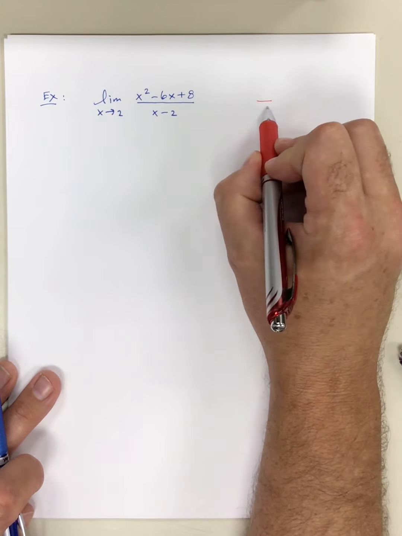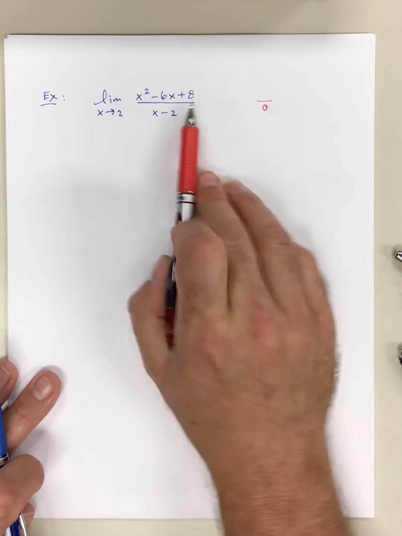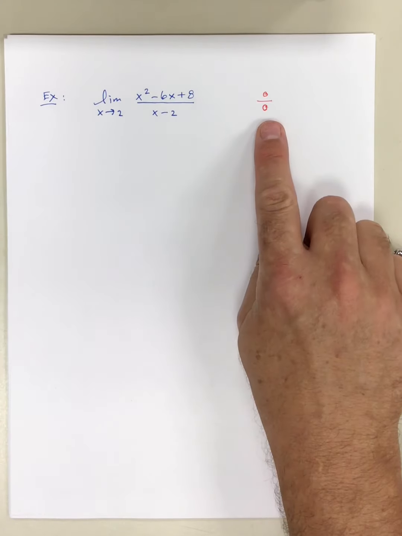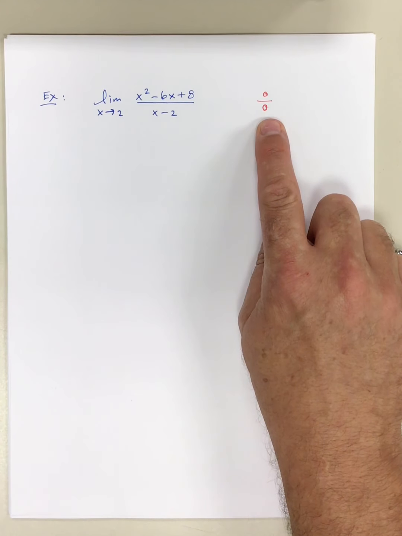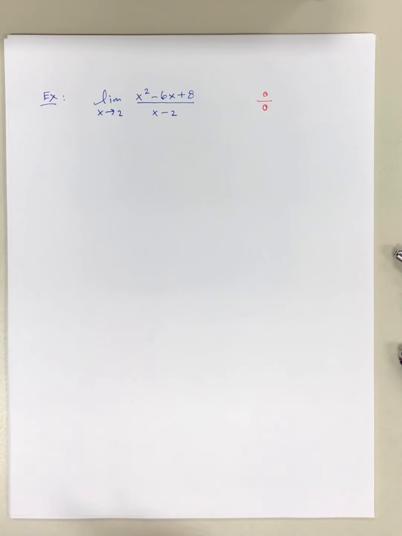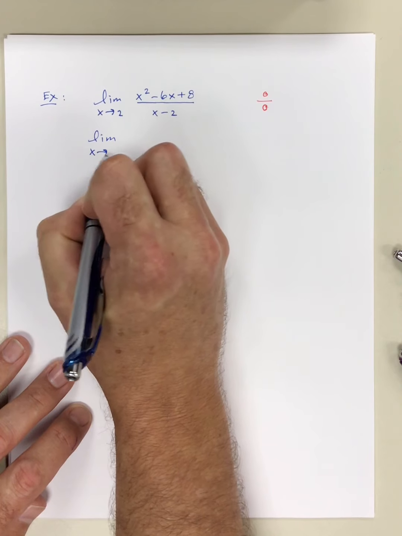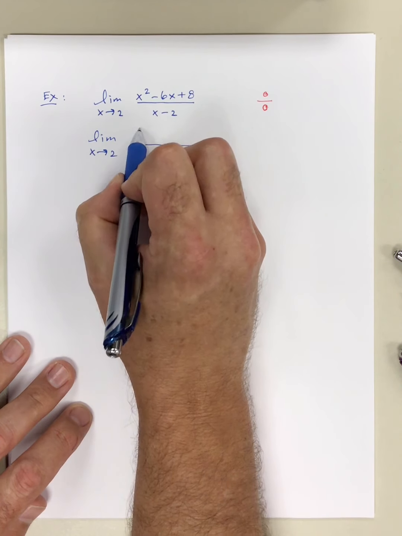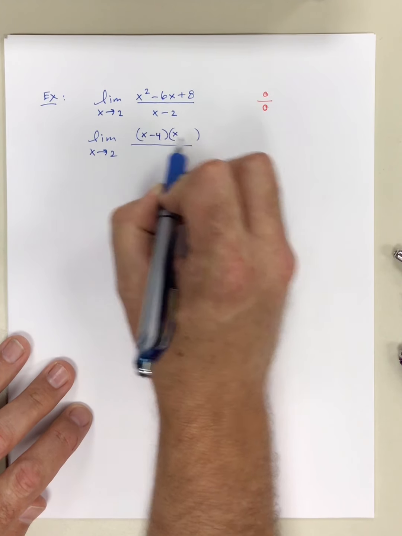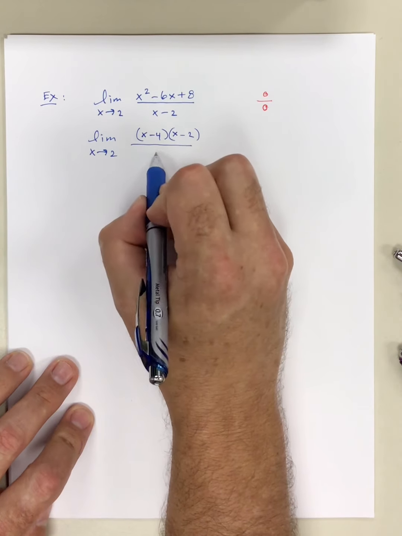I notice when I plug in 2 to the denominator, I get 0. That's a red flag. When I plug in 2 to the numerator, I'm also getting 0. So those limit expressions that result in something like 0 over 0 give us information. They mean oftentimes we can do some algebra to find a limit value for this expression. So the factoring technique suggests that we factor the expressions. And in this particular case, the factorization for the numerator is x minus 4 times x minus 2.